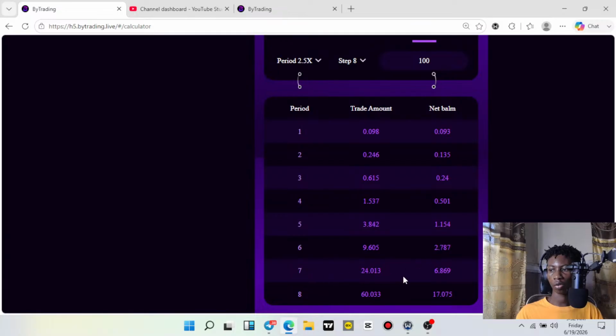If we get to the seventh phase, this is the net profit I will be expecting on this very particular trade. And if we get to phase 8, then this is the net profit I would be expecting. You guys can see everything on the screen. And if everything goes wrong at this 8th phase, then I'm going to get everything back, from this phase to this phase. So that's it.